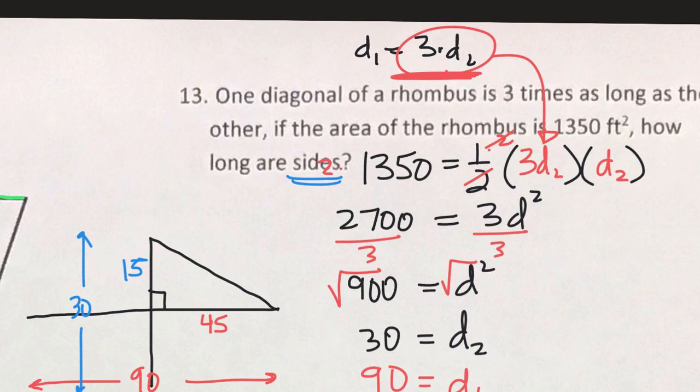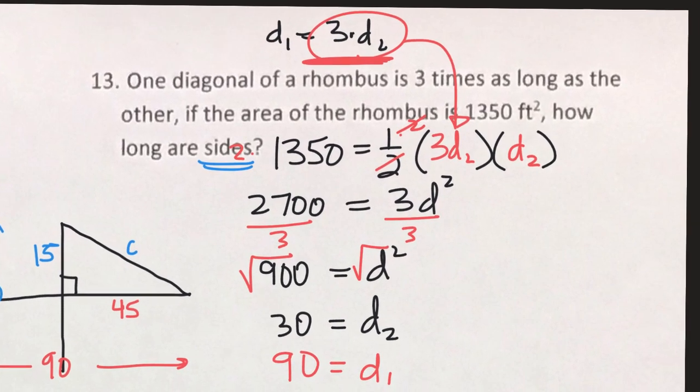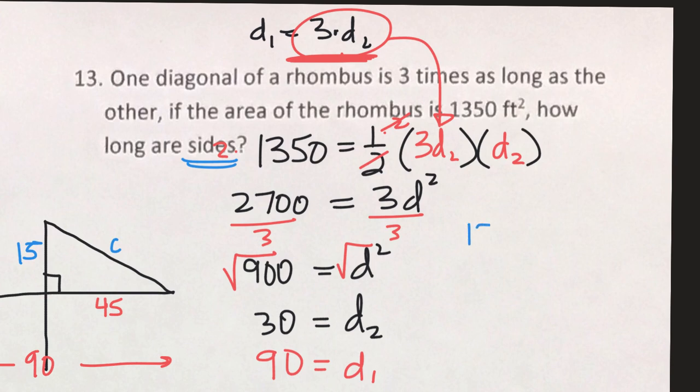This is using the properties of a rhombus that the diagonals get bisected, because we're trying to figure out what the hypotenuse of that right triangle is, aka the side of your rhombus. So 15 squared plus 45 squared equals c squared, using good old-fashioned Pythagoras.